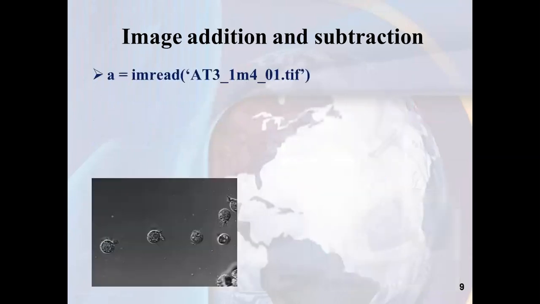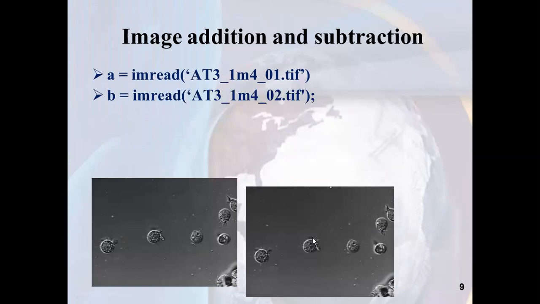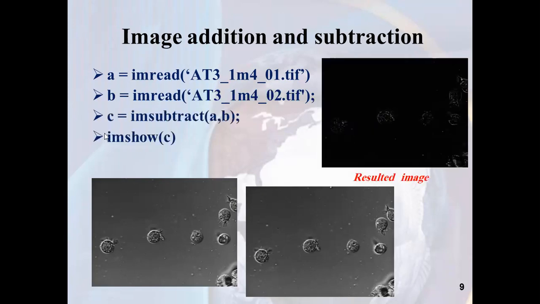Image addition and subtraction, another application. We take the first image and the second image. These images are also in the MATLAB toolbox. These two images are of particles moving as cells, in successive images. If we differentiate between these two images, you can see that these particles are moving.